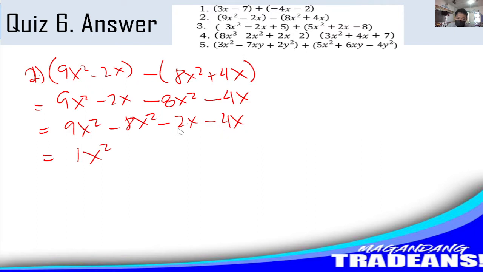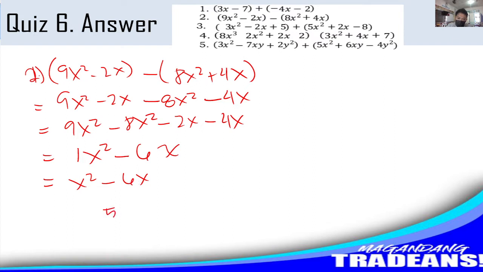If you owe 2 and add a debt of 4, how much do you owe in total? That is 6, and a debt is negative, so negative 6. The variable used is x. Take note, the 1 is invisible, so it can be x squared minus 6x. That's the answer for number 2.